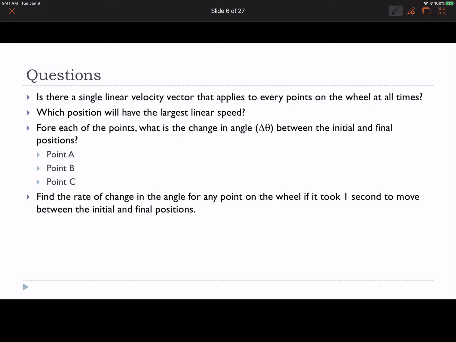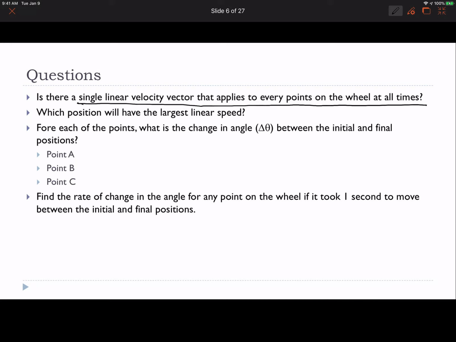So there's a couple of things that we're going to think about as we go through. So is there a single linear velocity vector that applies to every point on the wheel? If we were just talking about the speed of the point in terms of the distance covered over the time, do all of those points cover the same distance in the same amount of time?